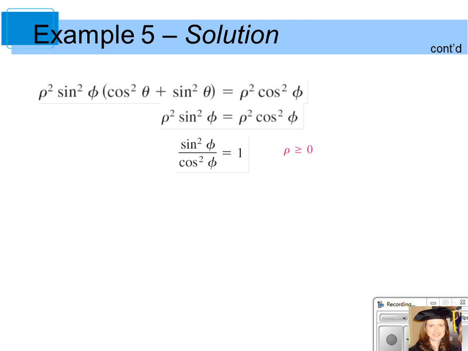If you divide both sides by rho squared cosine squared phi, you get sine squared phi over cosine squared phi equals 1. Now that's assuming rho is not 0, so rho must be greater than 0.